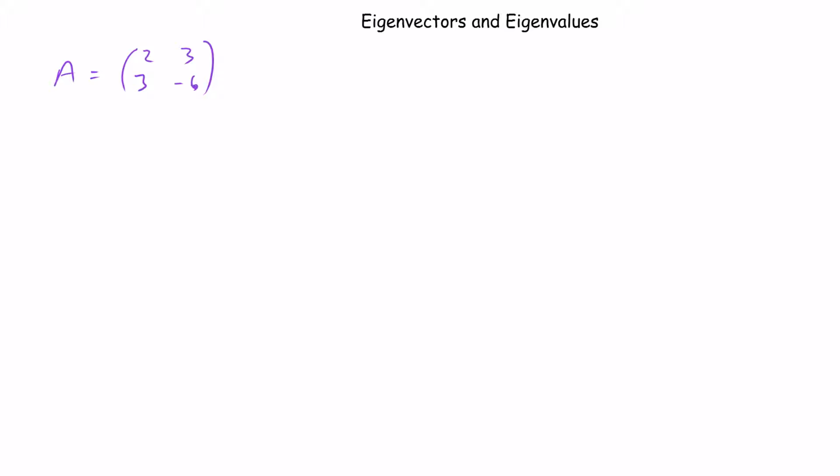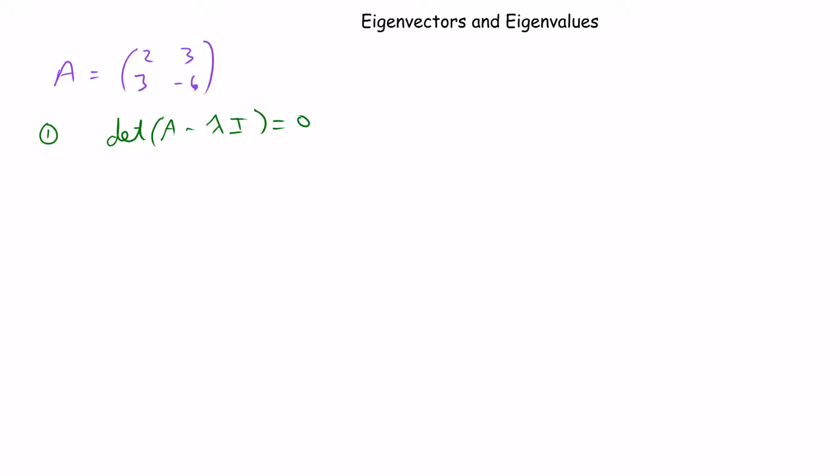So the first thing we're going to do is solve an equation, which is the determinant of A minus lambda I equals 0.